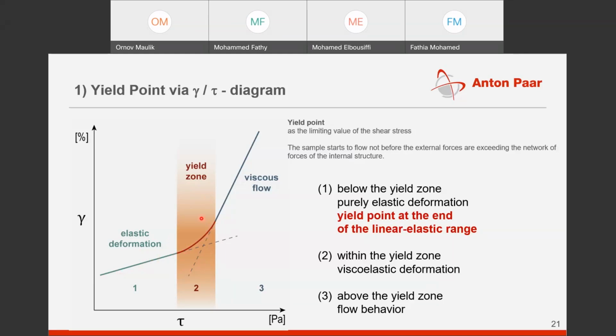Now, this particular region can be called a yield zone, and the stress at which this sudden change of the deformation happens is known as yield stress. After this, in zone 3, my material or the fluid has started flowing, behaving more as a viscous material.